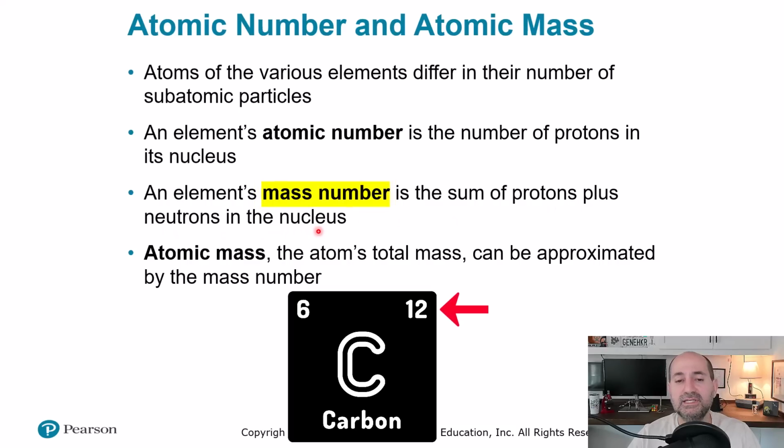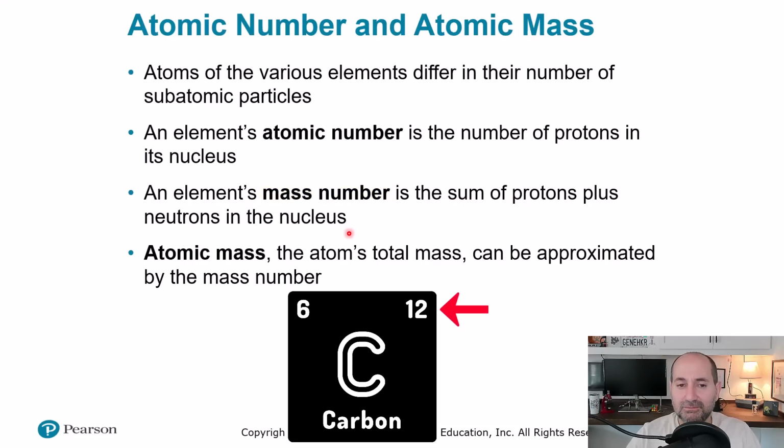So again, if we look at carbon, remember the atomic number is 6, which means that's the number of protons it has. But the larger mass number is 12 in regular carbon 12. The larger number is 12. But remember, that doesn't mean carbon has 12 neutrons, because 12 is the sum of the protons plus the neutrons.